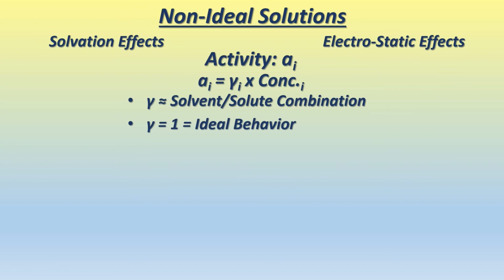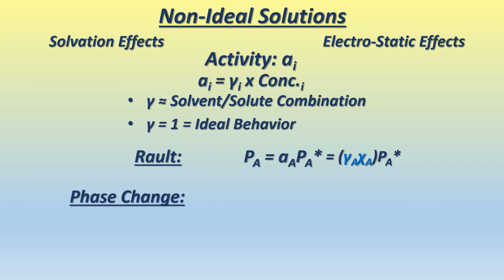This leads to a minor change in the colligative properties. Raoult's law: instead of the pressure of A being chi A times the P star of A, chi is replaced by the activity, but the activity is simply equal to the activity coefficient times the mole fraction. Basically, you're multiplying Raoult's law by gamma.